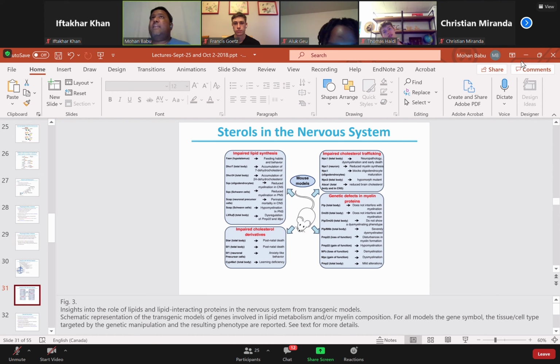So you understand, gene function can be associated with the pathology of the disease phenotype. Usually the good way to measure the phenotype is through mouse models.